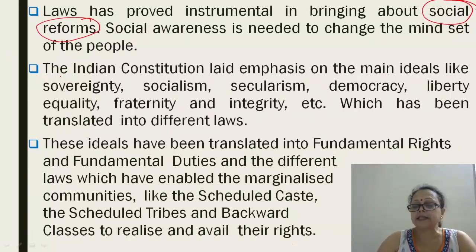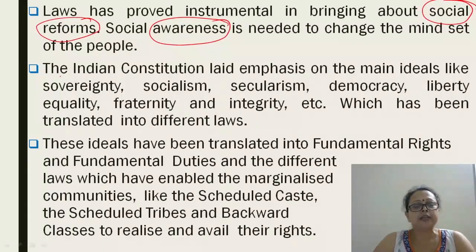Social awareness is a very important point. Awareness is needed to change the mindset of the people. Many times even now, awareness programs are organized by the government with different organizations. Why? It is required to change the mindset of the people.